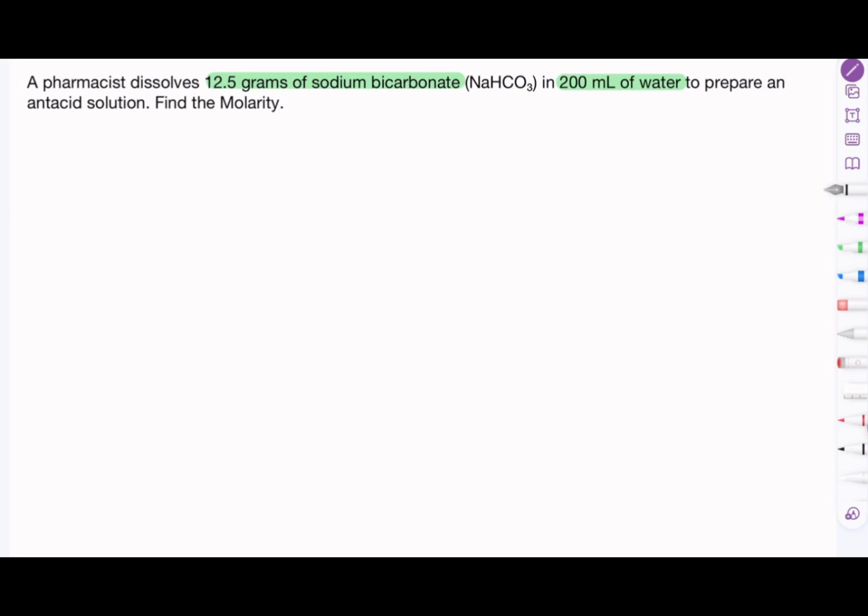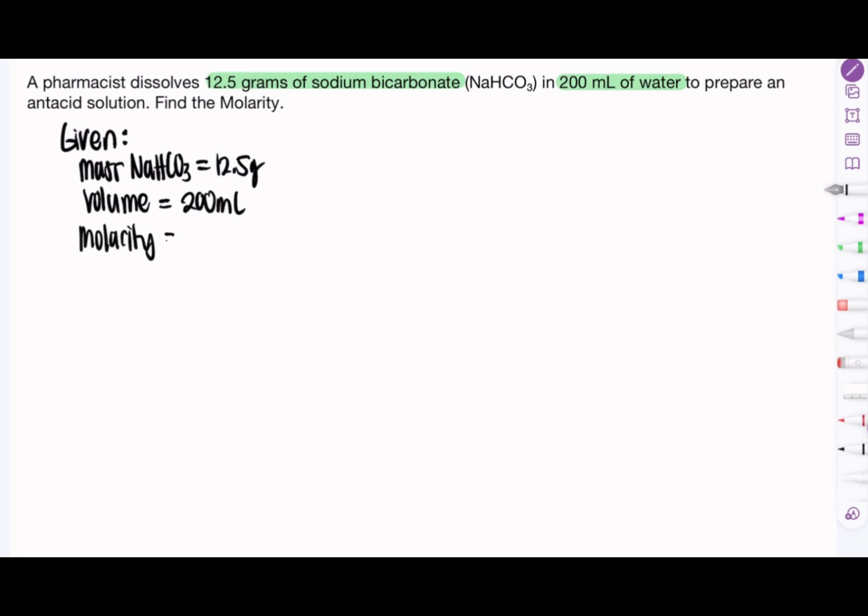Now, let's write it down. Given the mass of the sodium bicarbonate is equal to 12.5 grams. Next is the volume, which is equal to 200 milliliters. And molarity, which is still unknown.